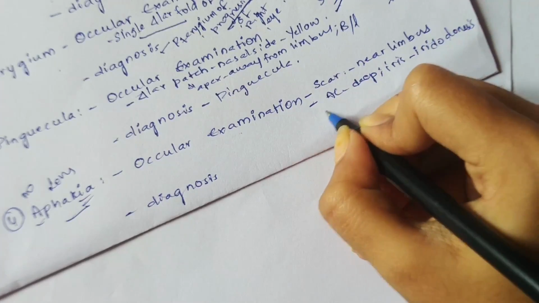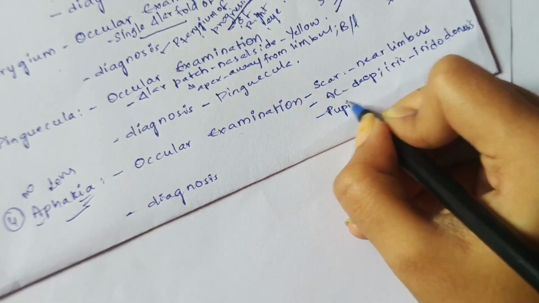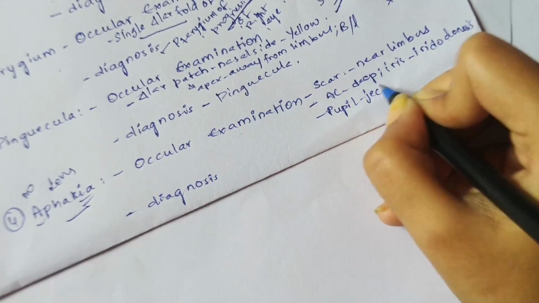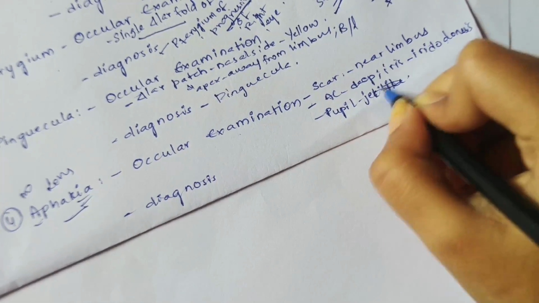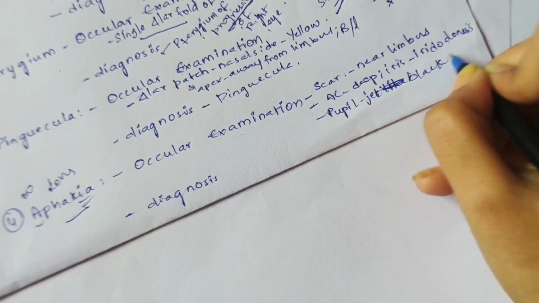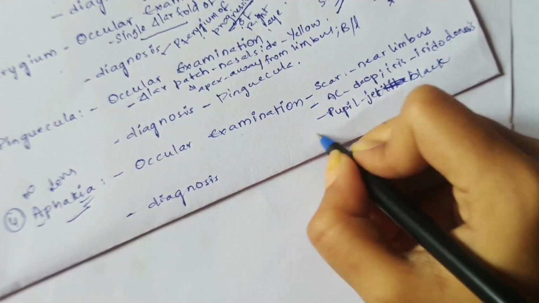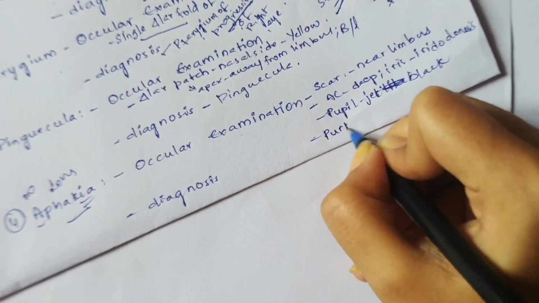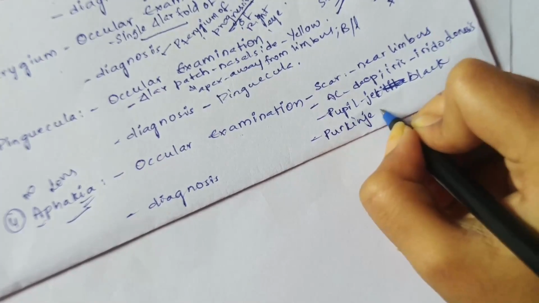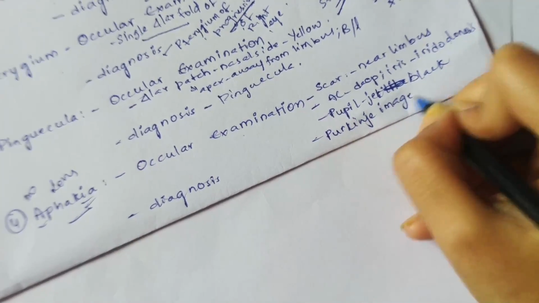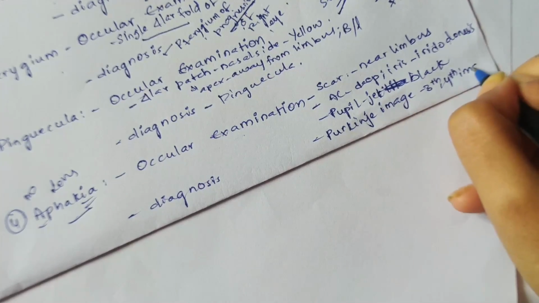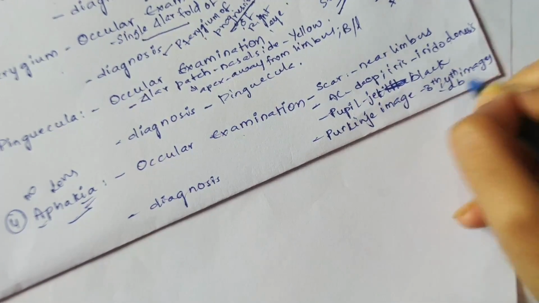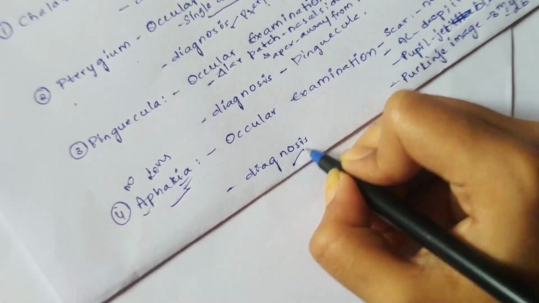Also the pupil is jet black, due to the absence of the lens. And the third and fourth Purkinje images are absent. I will talk about these Purkinje images in my next video. So the diagnosis is aphakia of the right eye.